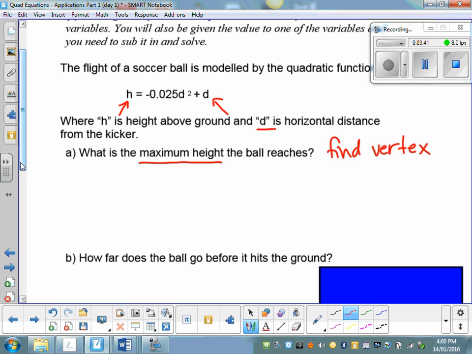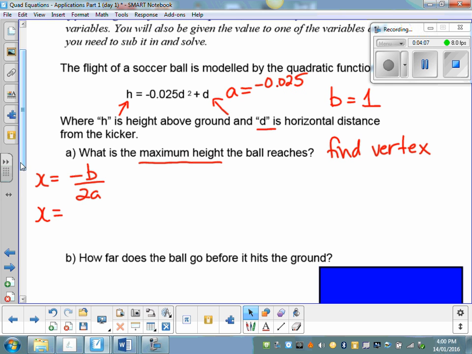Because as we know, the vertex contains the maximum or minimum value that we're looking for. So we're going to use the little formula. So x is equal to minus b over 2a. So x is equal to, b is equal to 1, and a is equal to negative 0.025.